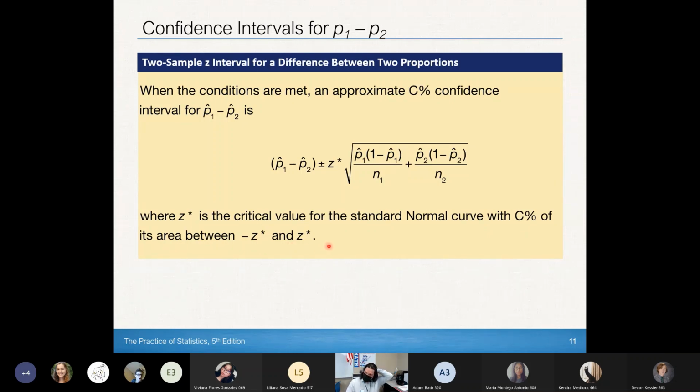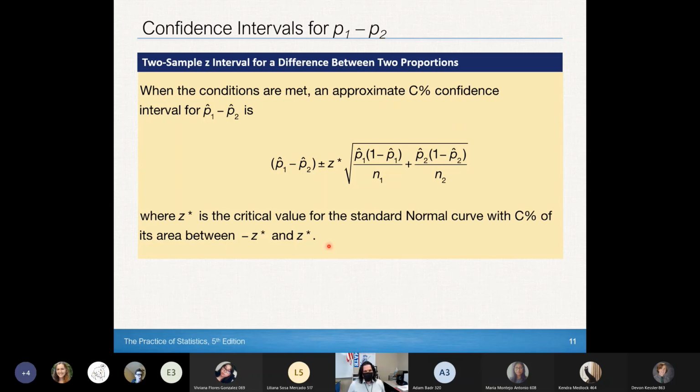And we find this Z star the same way that we did in chapter 8, right? We must use table A, right? And it depends on the confidence level that we're interested in. If we're at a 90% confidence level, then the 90% confidence level leaves us 10% between the tails, which leaves us 5% for each tail, right?